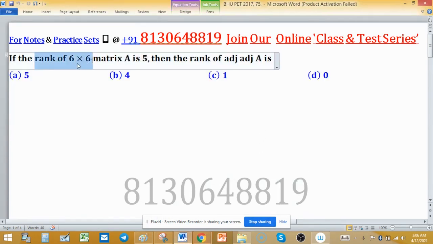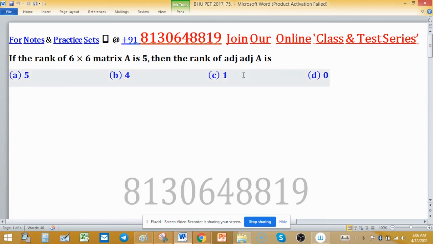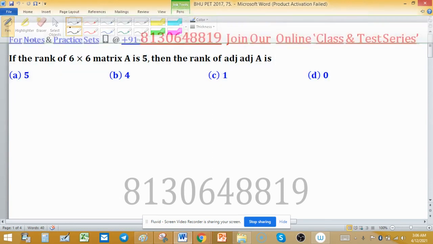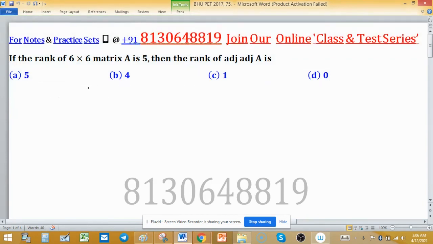If the rank of a 6 by 6 matrix A is 5, then the rank of adjoint of adjoint A is, meaning the adjoint is taken 2 times, as you can see what is typed here. So the rank of matrix A, whose size is 6 by 6, is 5. Then we know the result. If you don't know this result, you may see this as a harder problem.